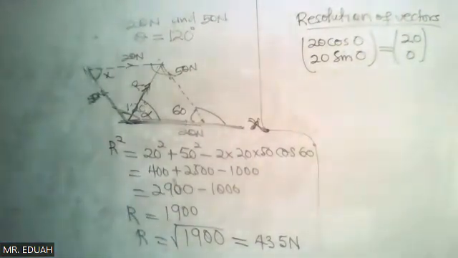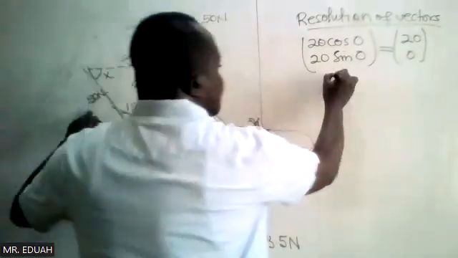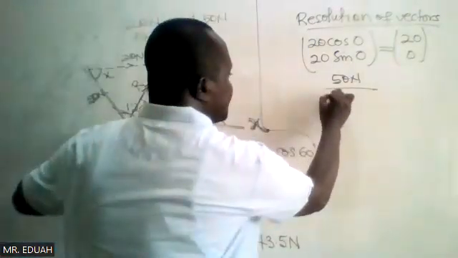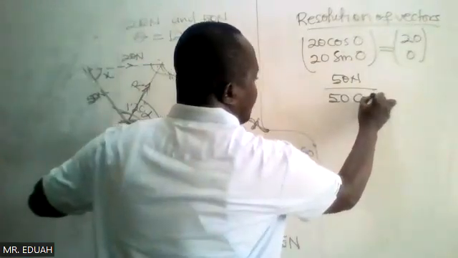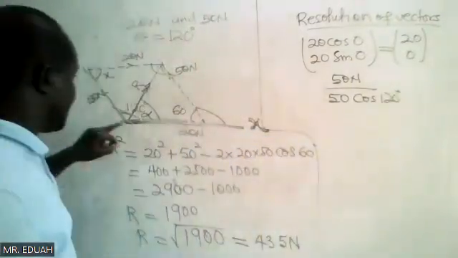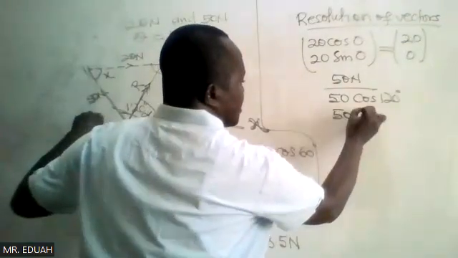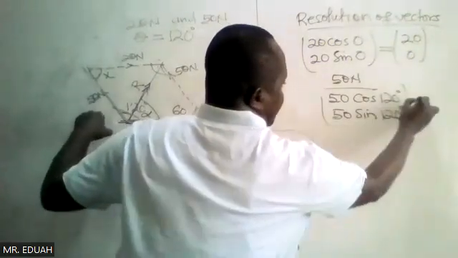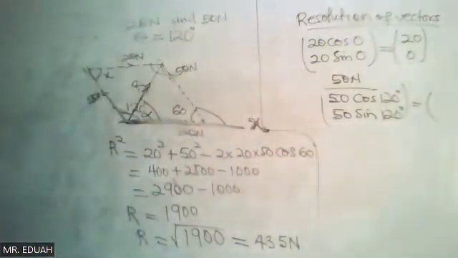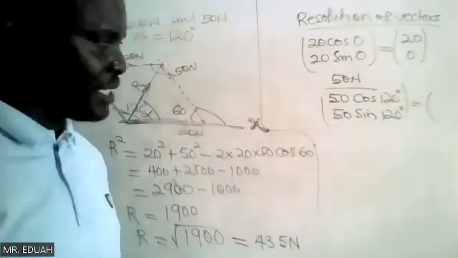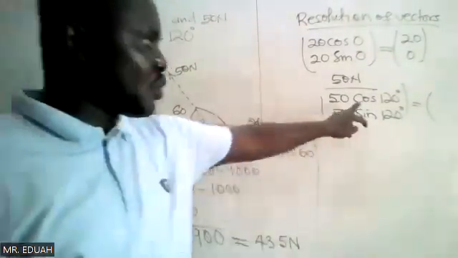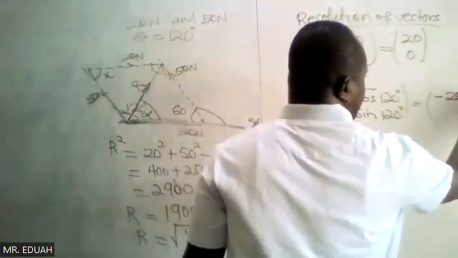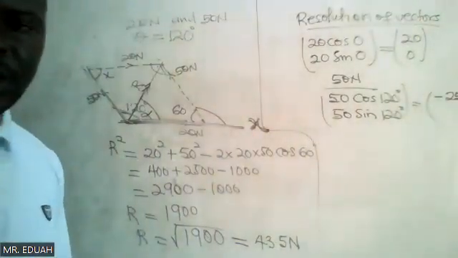Don't be an observer. So the 50 Newton force makes an angle of 120. So 50 cos of the angle it makes with the x-axis, and then 50 sine of the angle it makes with the x-axis will be the components. Therefore, cos 120 is equal to the negative of cos 60. And so cos 120 is negative half. So this will give us minus 25 Newton.